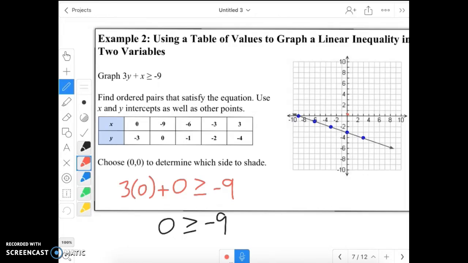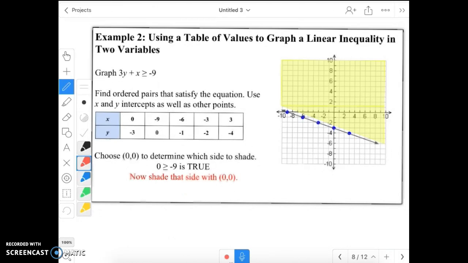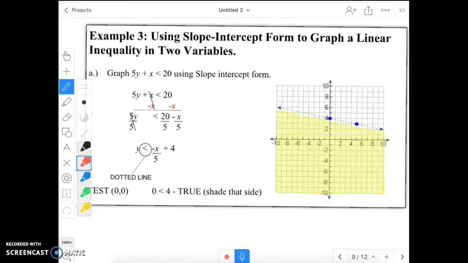Because our point at 0, 0 is right here, that means that entire side of our equation gives me true statements. So we would shade in that upper half of our equation, and all of those shaded points are answers that I could have. Now moving on.